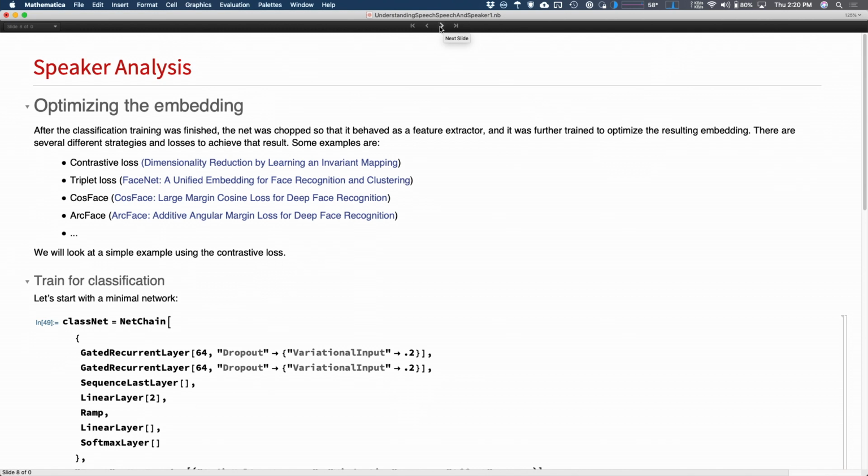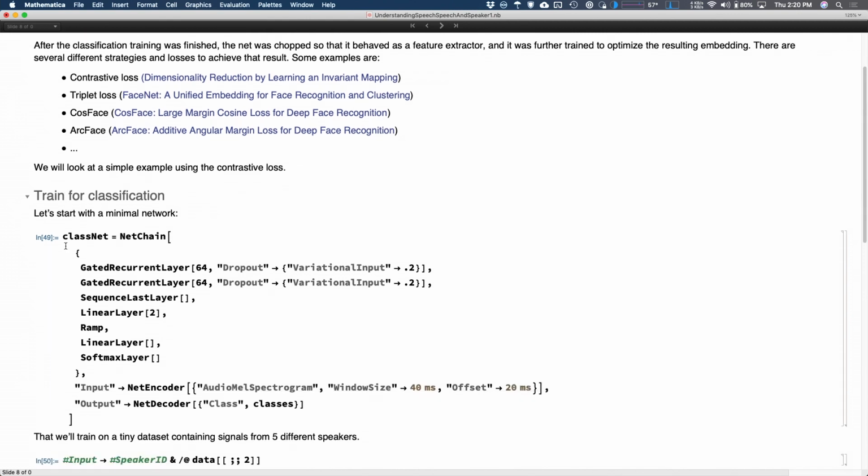But what we want to see is a feature space plot of this computed using the network that we have trained. And you can see how different speakers are separated in different parts of the feature space, even though the network had never been exposed to these specific speakers.